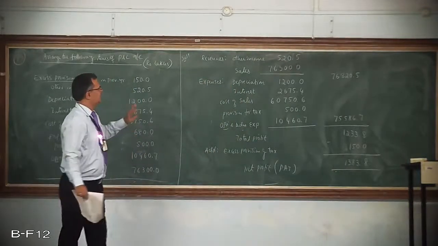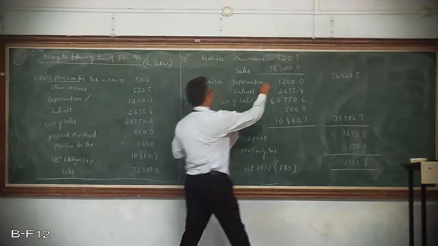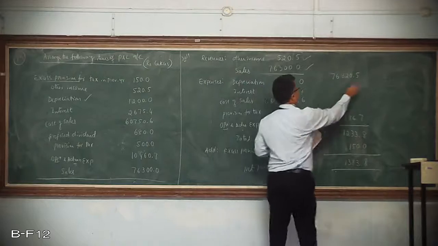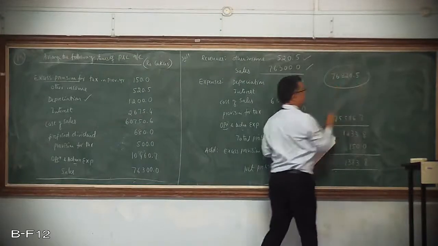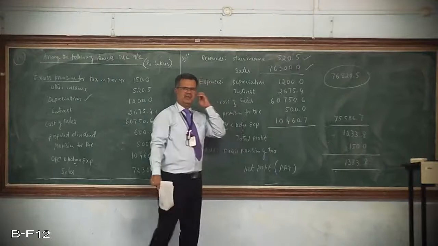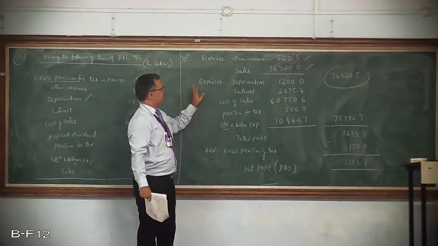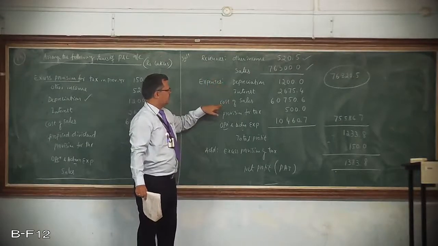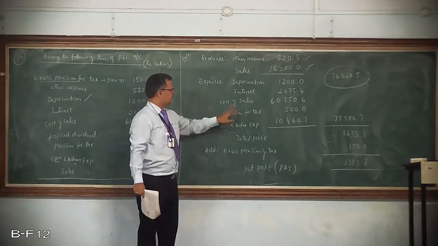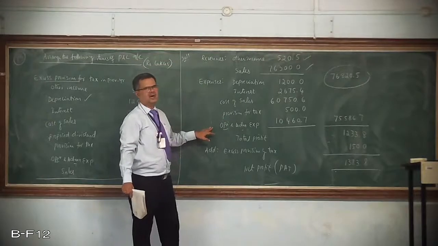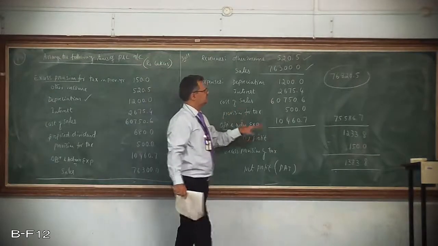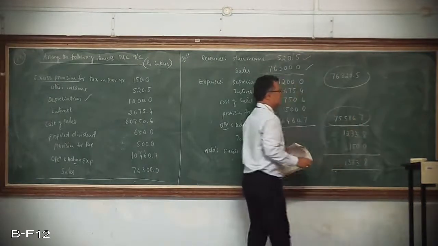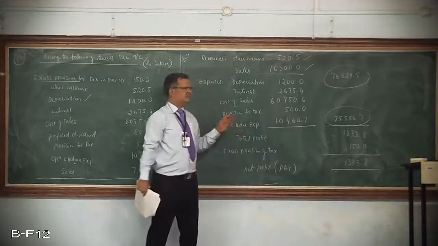Okay. So remember here, you have taken the revenues, other income and sales. You got the revenue of 76,820.5 lakhs. Then you have taken all the expenses, mainly depreciation, interest, cost of sales, provision for tax, and administrative expenses. So this 75,000 lakhs is the expenses.